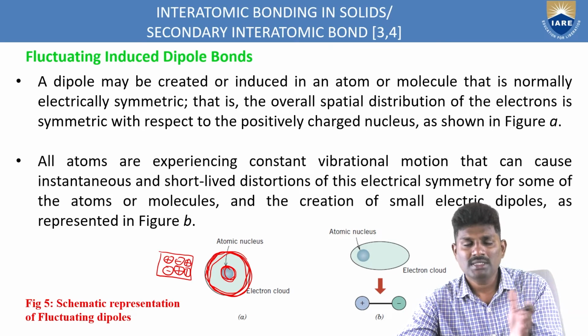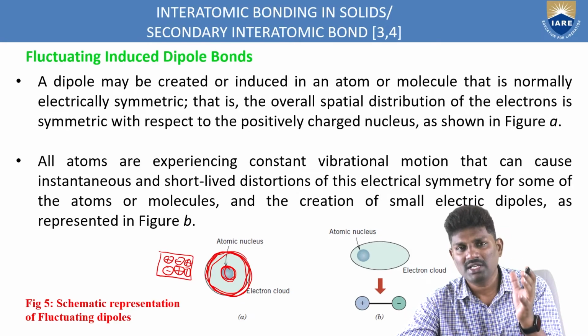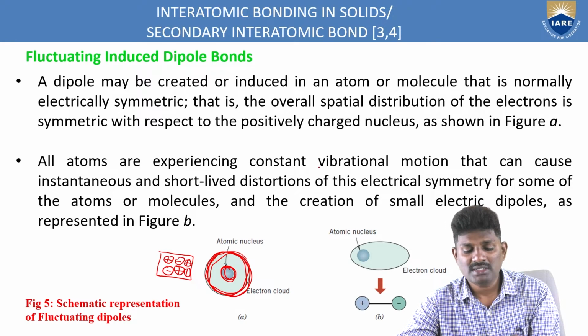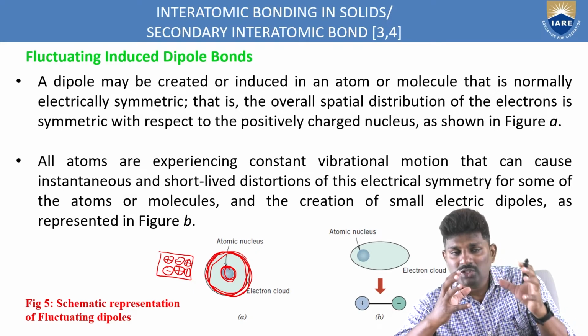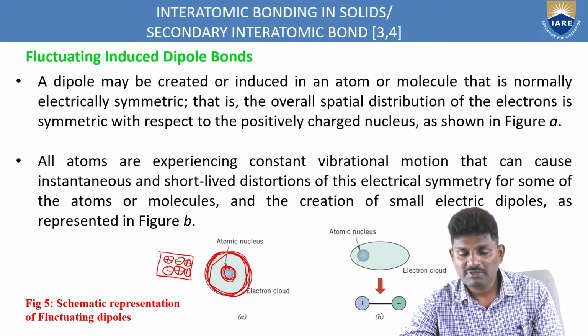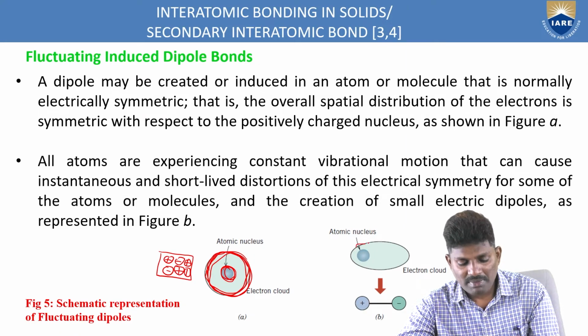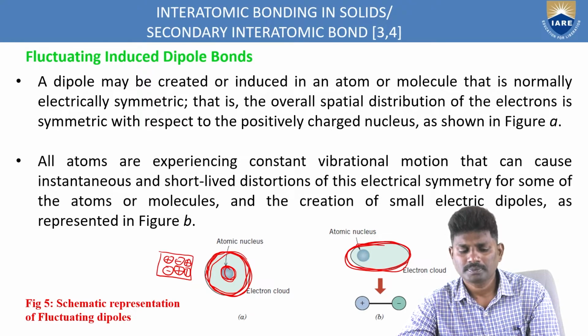Now, slowly, because of the sharing of electrons and the constant vibration motion, this symmetrical shape is changing to an unsymmetrical shape. If you see figure B, the shape is changing to a different, unsymmetrical shape.